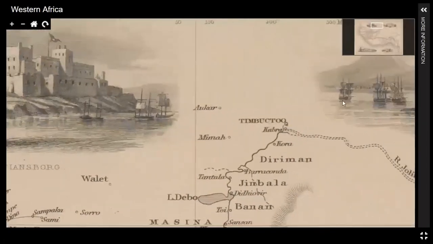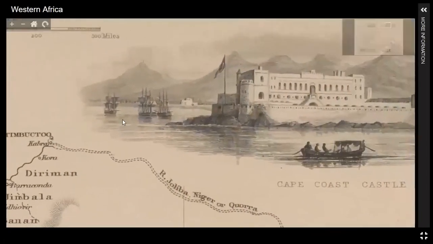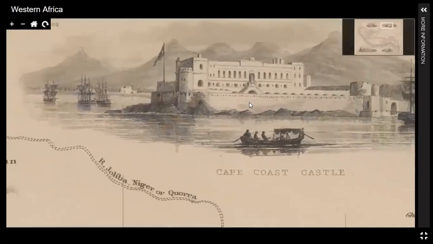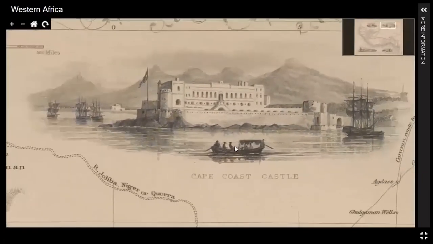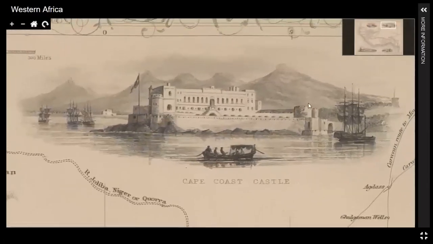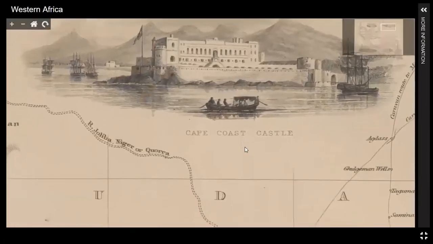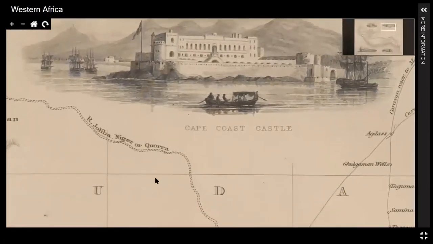Now, these quasi-photographic representations like this one here of Cape Coast Castle, really very beautiful and quite significant if you've looked at the different kinds of artistic representations of Cape Coast Castle. You'll realize that the artists quote one another, and in many cases quote this map for their representations. Future discussions of the African Map Circle will make that clear.